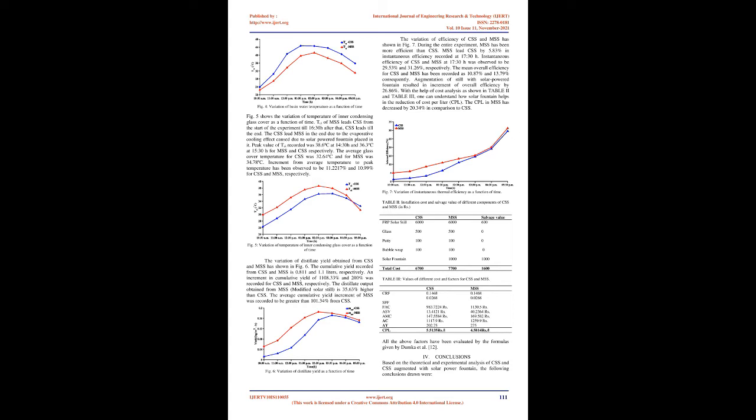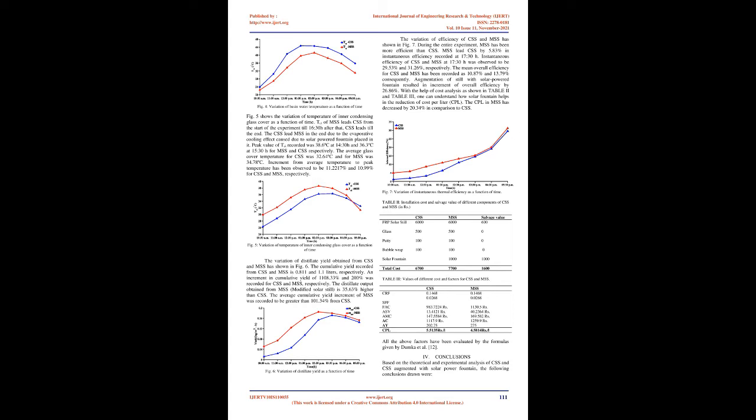The peak value of TW recorded for CSS was 44.7 degrees C at 1330 H, whereas MSS recorded a value of 41.2 degrees C at 1430 H, an hour delayed from CSS. Basin water temperature underwent a total increment of 49.79% and 38.39% for CSS and MSS respectively. The average increment of basin water temperature of CSS in comparison to MSS was observed to be 12.94%.